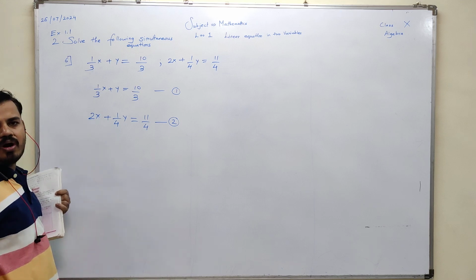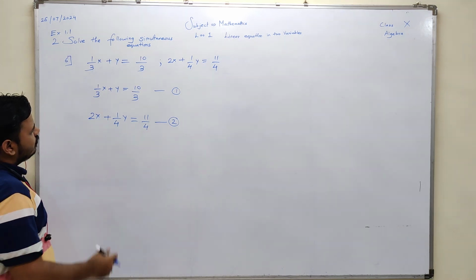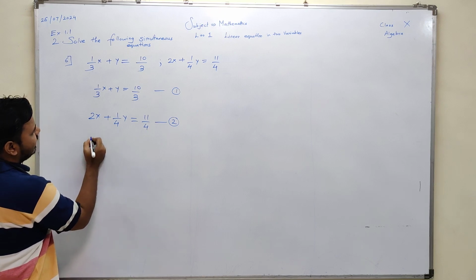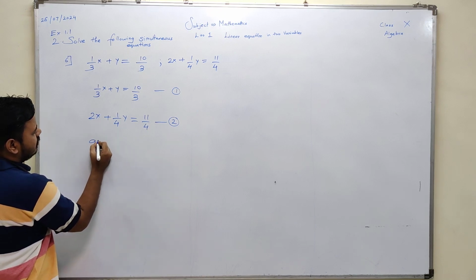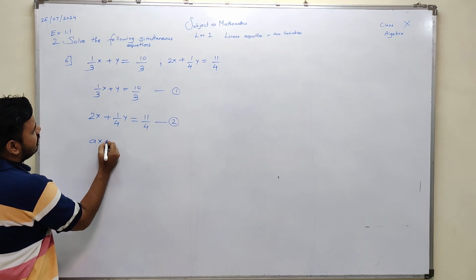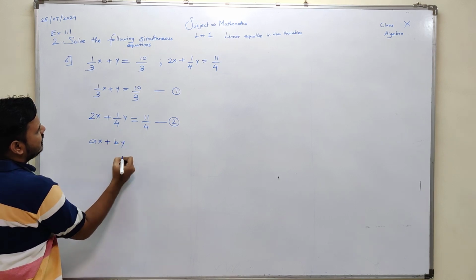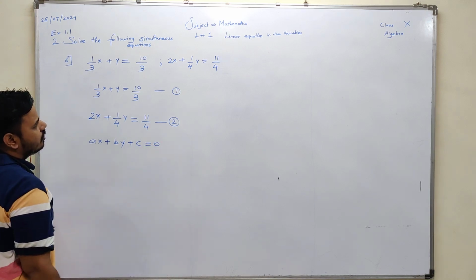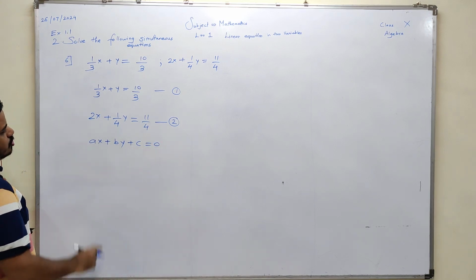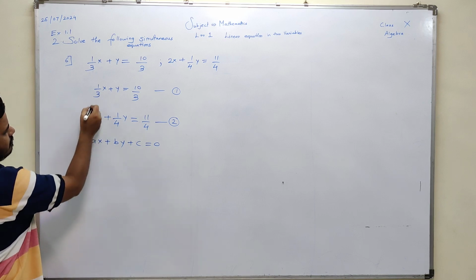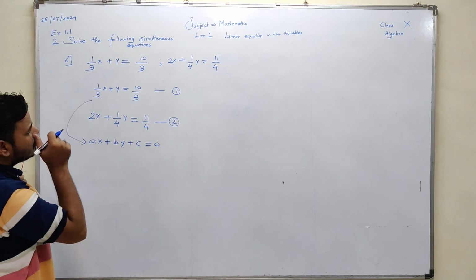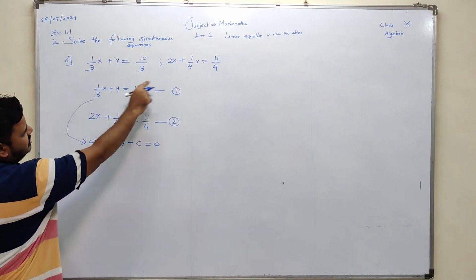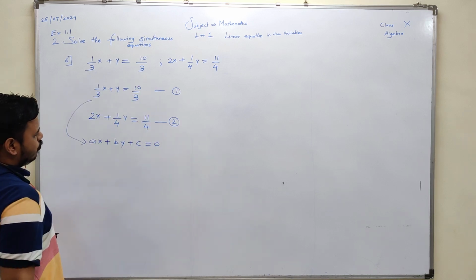This is not in the form of ax plus by plus c equal to 0. So we want it in the form ax plus by plus c equal to 0. In order to make it in this form, we will multiply the first equation by 3 and the second equation by 4.